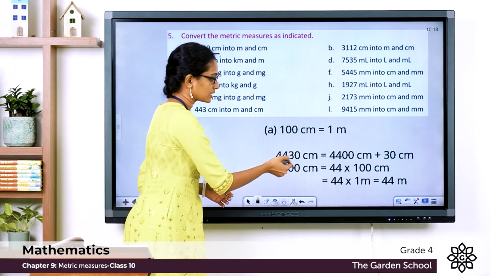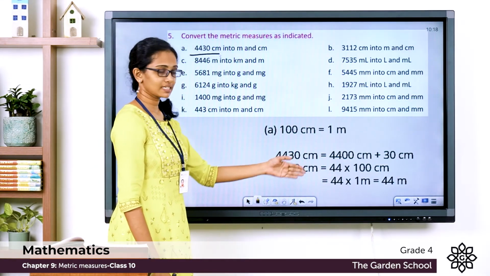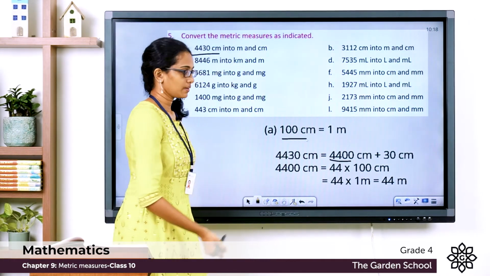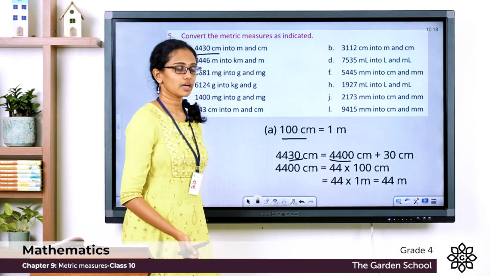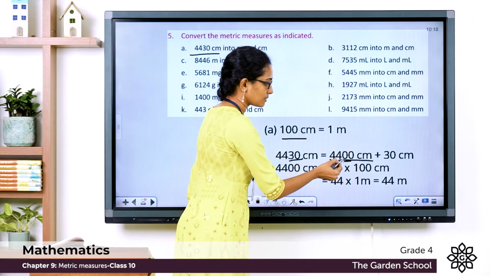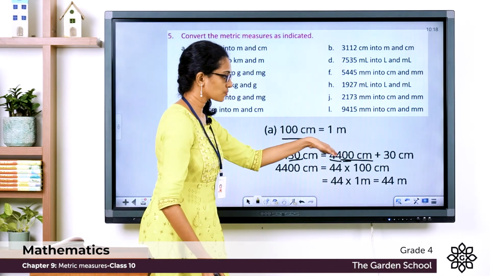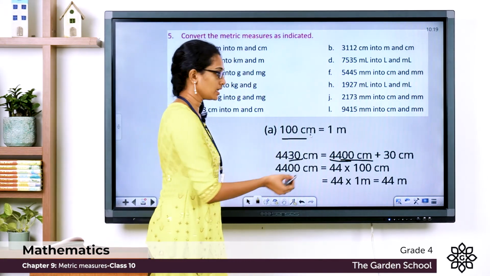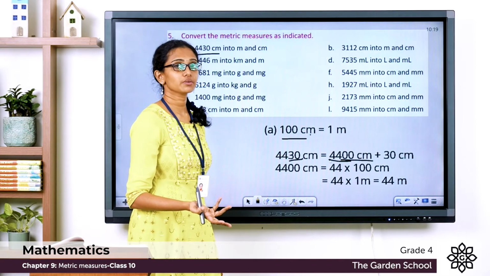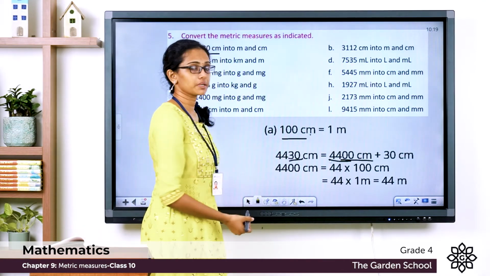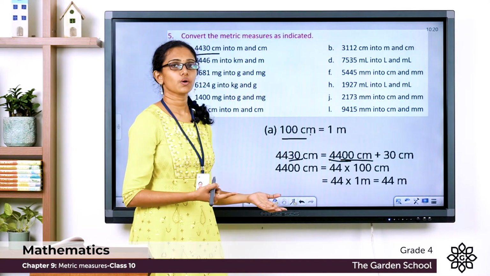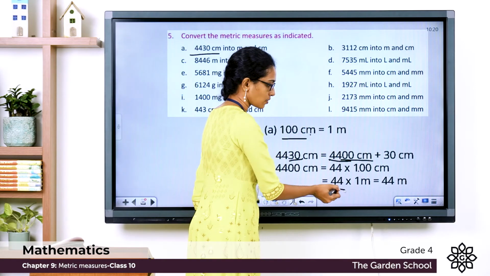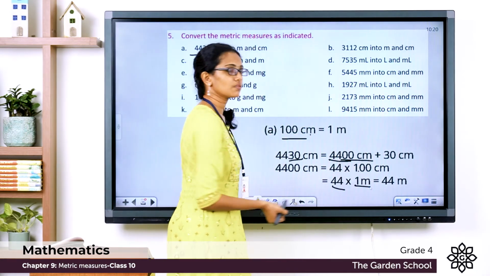So here we have split the given measurement. 4430 centimeters is equal to 4400, which is a multiple of this 100 plus the 30 centimeter. So right now we have 4400 centimeter plus 30 centimeter. Now what is this 4400 centimeter? If 100 centimeter is equal to 1 meter, 4400 centimeter will be equal to how much? It will be equal to 44 meter. How can we write that? 4400 can be written as 44 into 100 centimeter, and that is 44 into 1 meter, which is the equivalent of 100 centimeter.